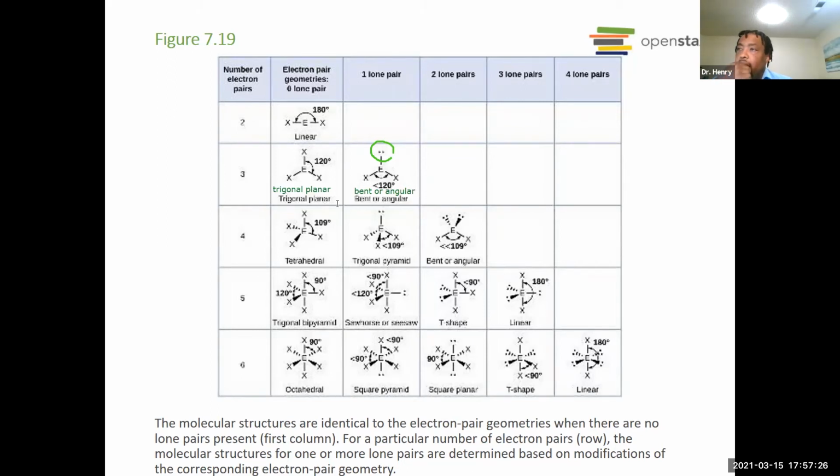In this case, the angle between the 2 attached atoms is going to be less than 120, where before everything was 120.